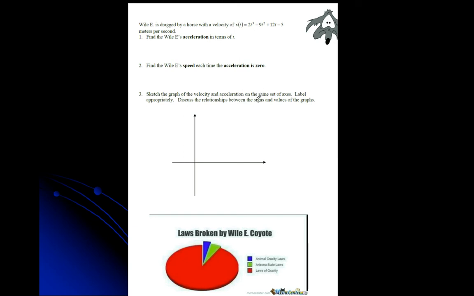I graphed the velocity, y-intercept of negative 5. I used my calculator, and there is my velocity graph. It's a cubic function, and I wasn't surprised to see that it looked like a snake.